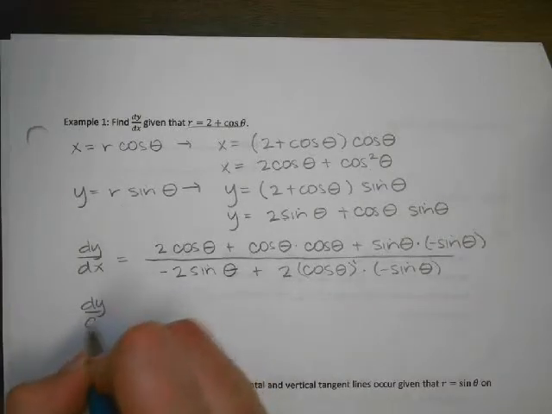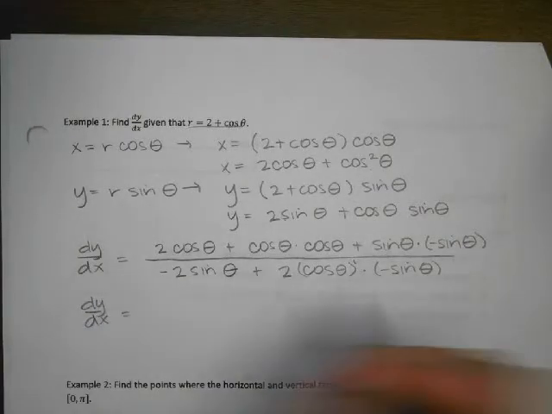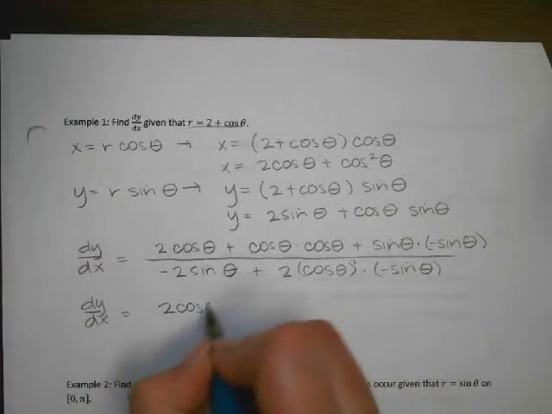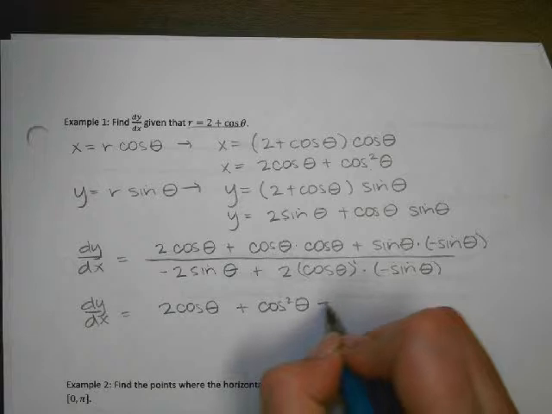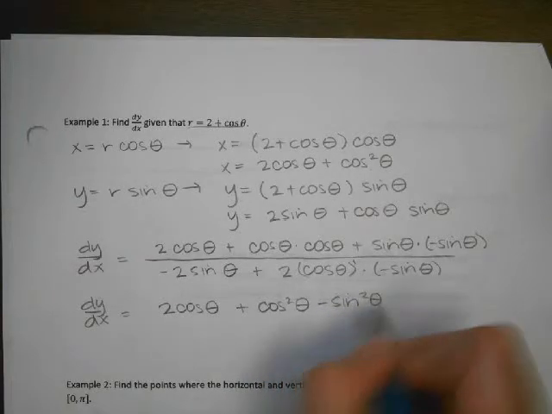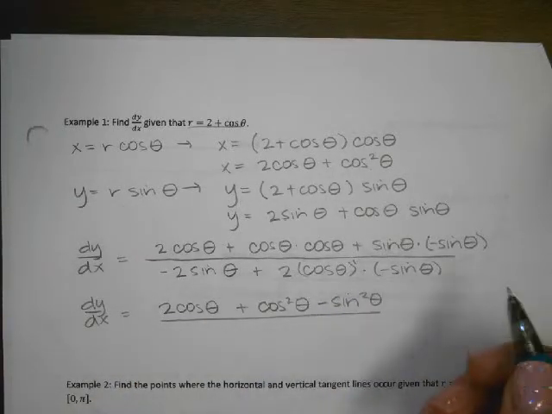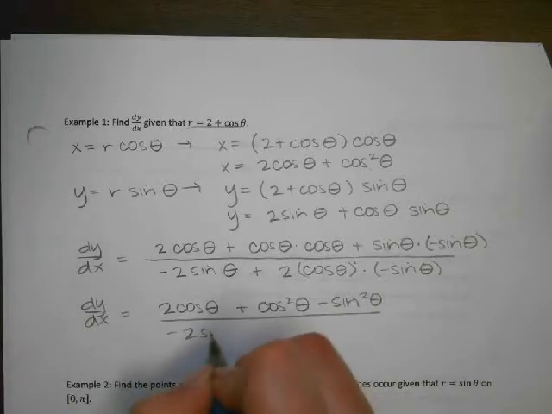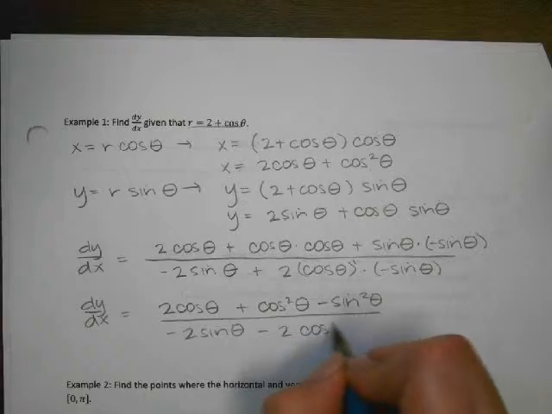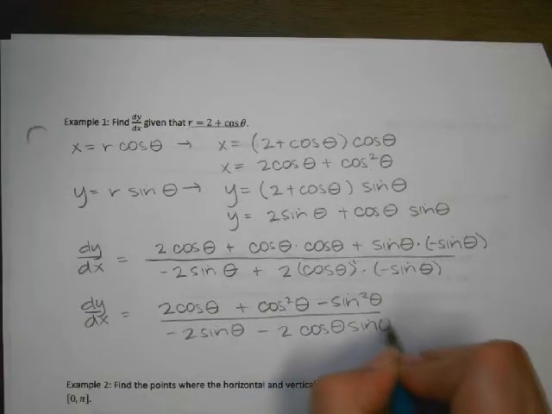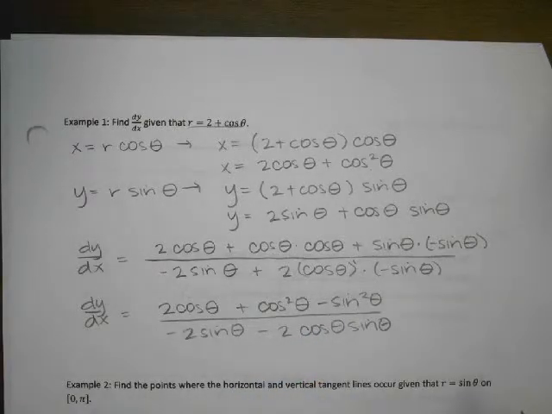So I can go ahead and just kind of clean this up a bit. I have 2 cos theta plus cos squared theta minus sine squared theta, over negative 2 sine theta minus 2 cos theta sine theta. And there's so many coses and sines it feels like you should be able to simplify that, but you really can't.